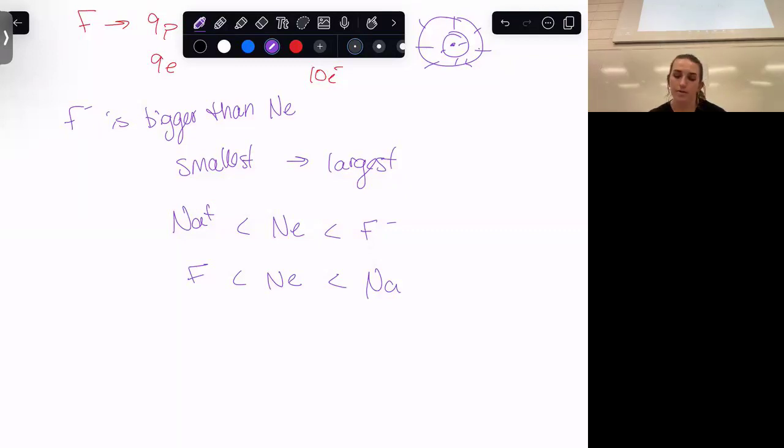Actually, in terms of trends, without the charges, it just goes from the number of protons. This goes by your normal periodic trends.